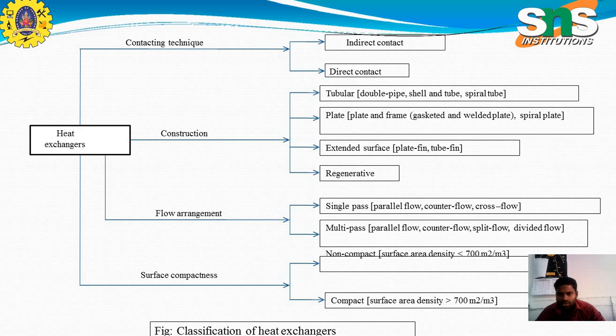We have different types: parallel, counter, and cross flow. For parallel flow, both fluid mediums have their inlet in the same place and outlet in the same place, whereas for counter flow, the inlet and outlet for hot and cold medium are in opposite directions, so that we can get turbulence in order to have better heat exchange.